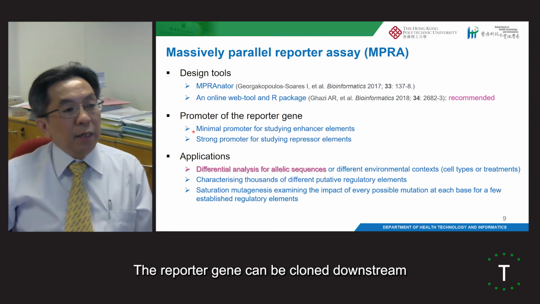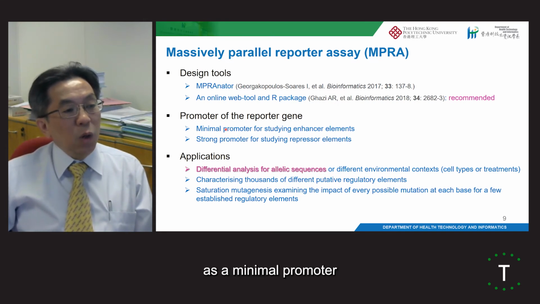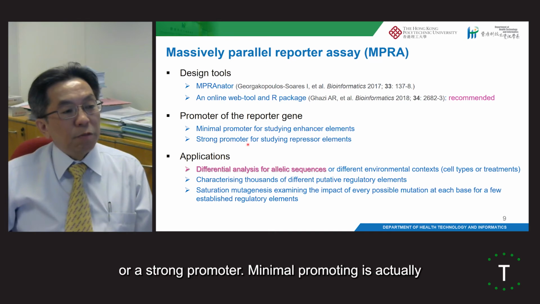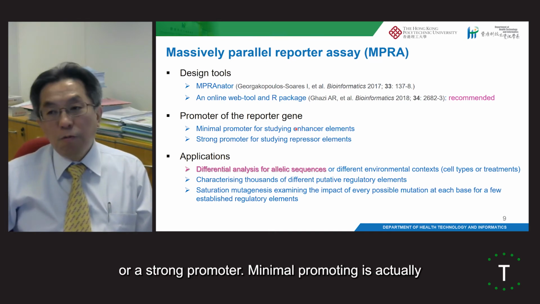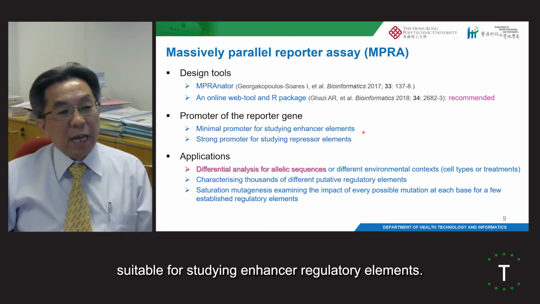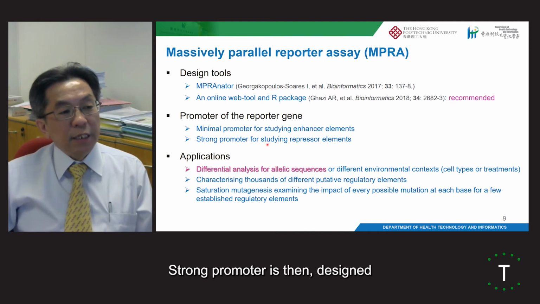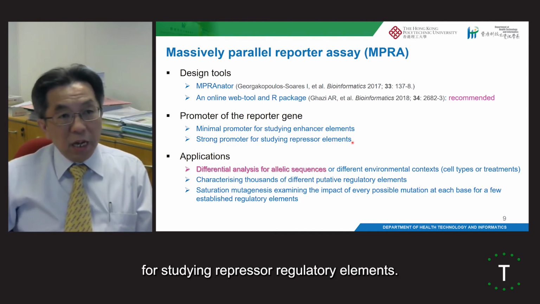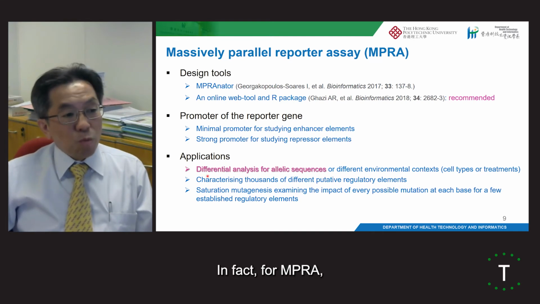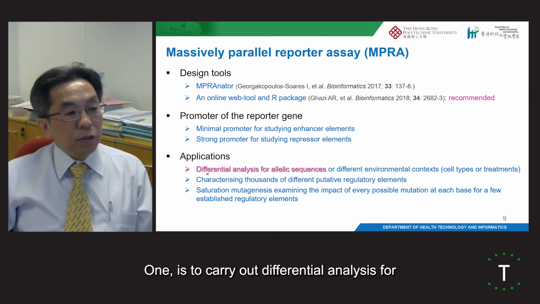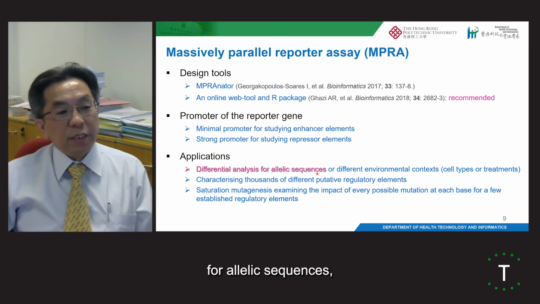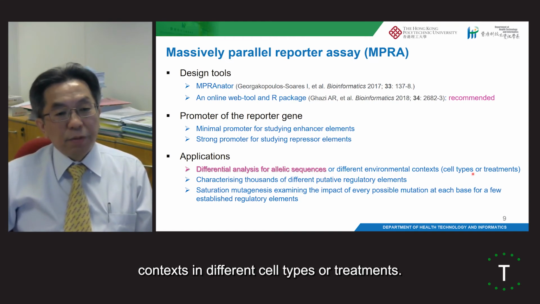The reporter gene can be cloned downstream of a medium promoter or a strong promoter. A medium promoter is suitable for studying enhancer regulatory elements. A strong promoter is designed for studying repressor regulatory elements. In fact, for MPRA, there are several applications. One is to carry out differential analysis for allelic sequences, or MPRA done under different environmental contexts or different treatments.